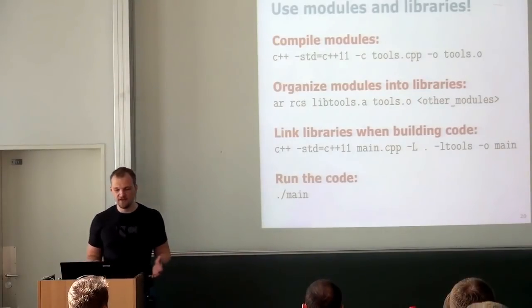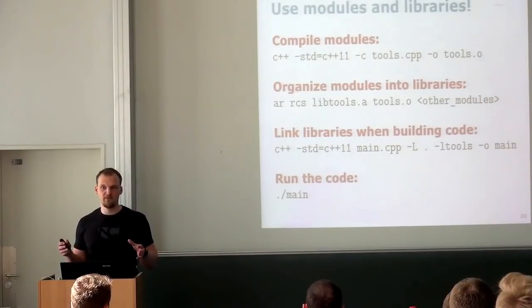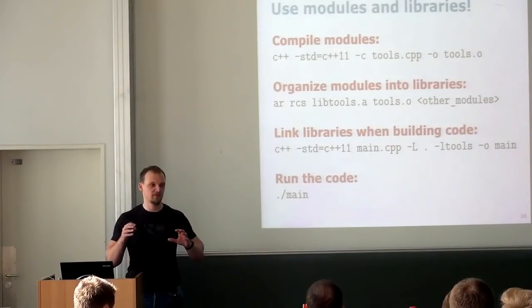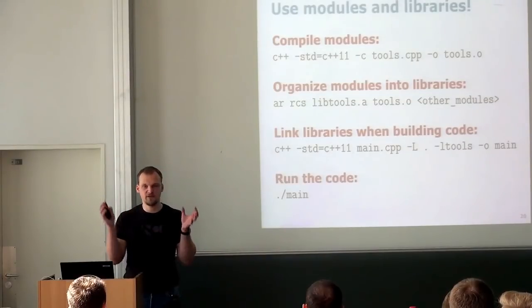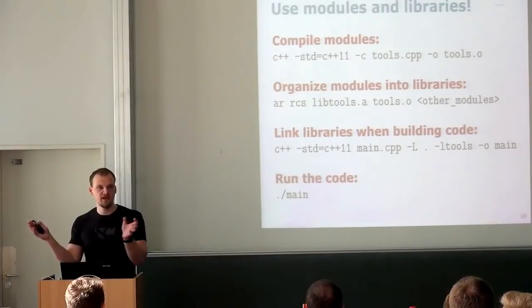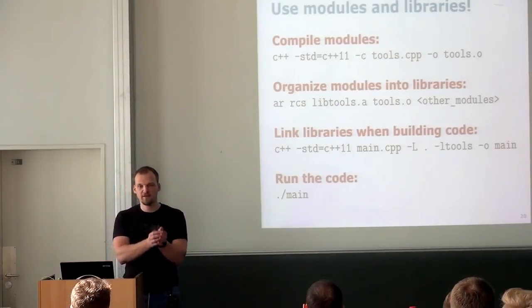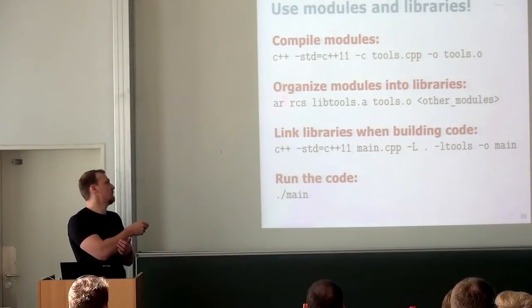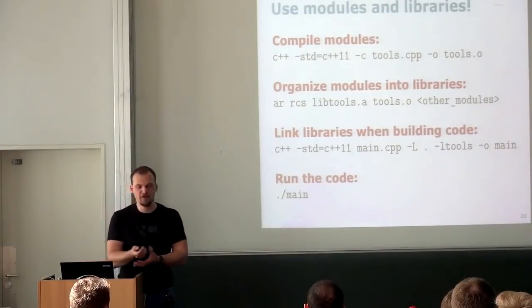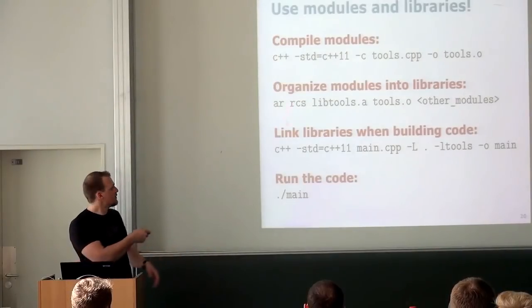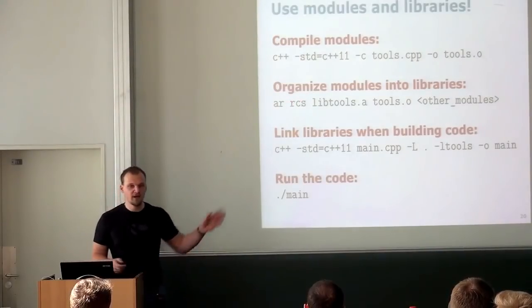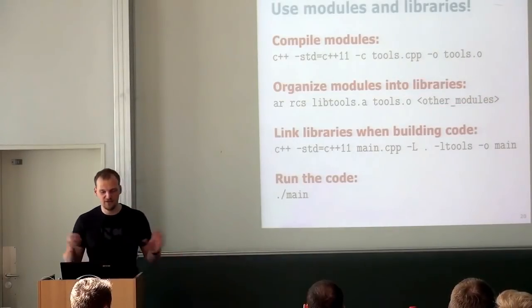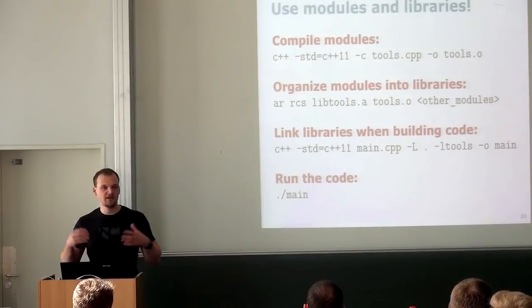There are a couple of kinds of libraries, but some of them are just archives. So you just take a bunch of object files, you put them into one archive, and this is your library. For that, you even use a program called archive, and there is a bunch of flags that you pass to it, which are really obscure, and you will never have to do it by hand in this course. It's just to show you that it's possible and it's annoying to do.